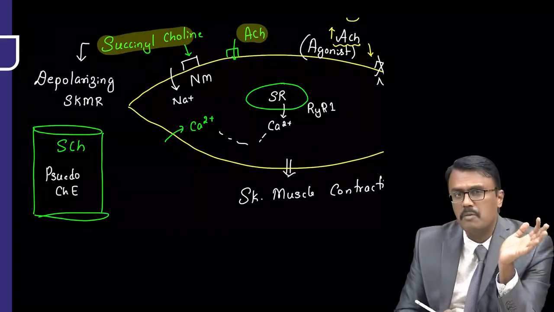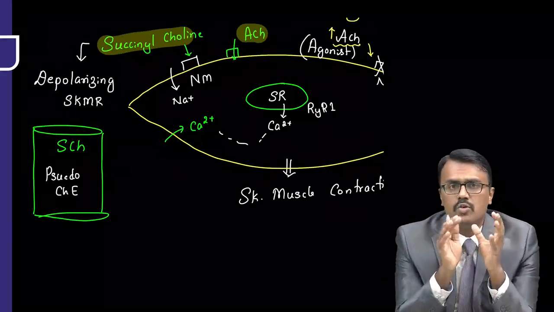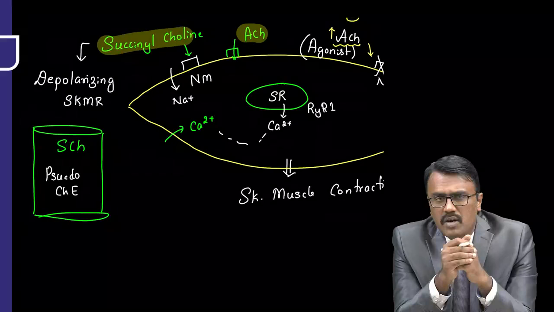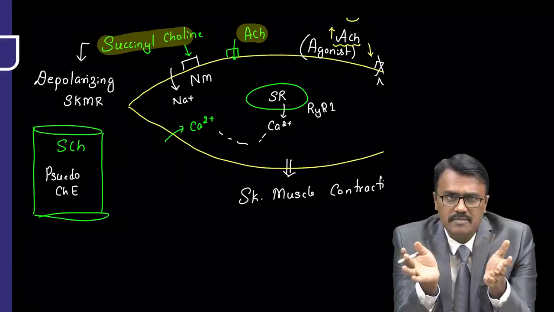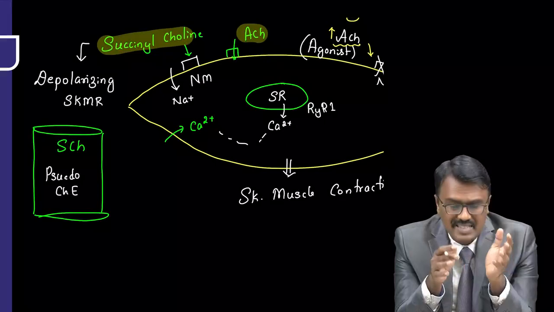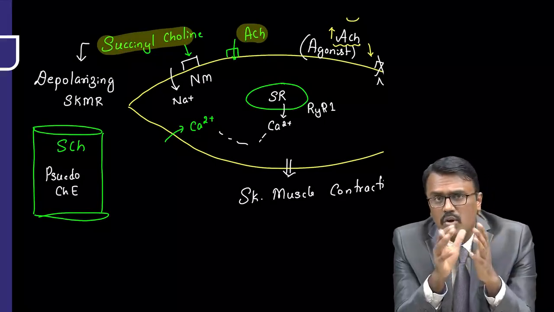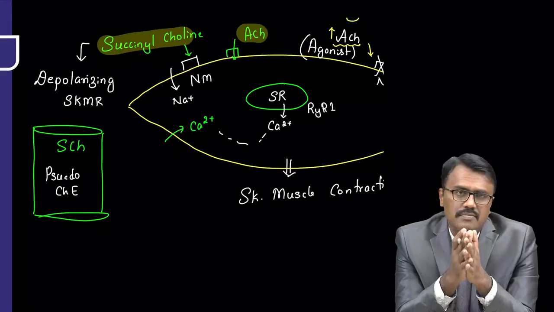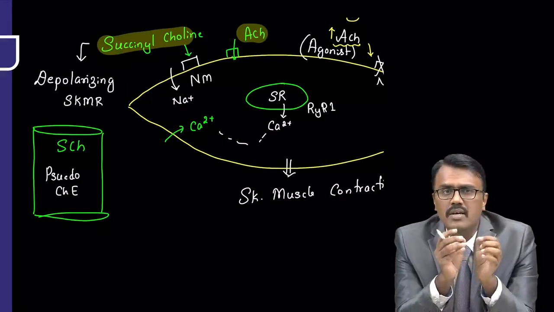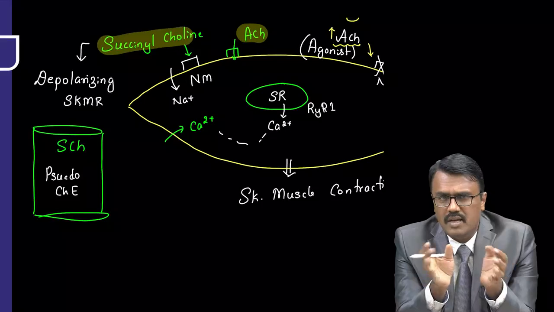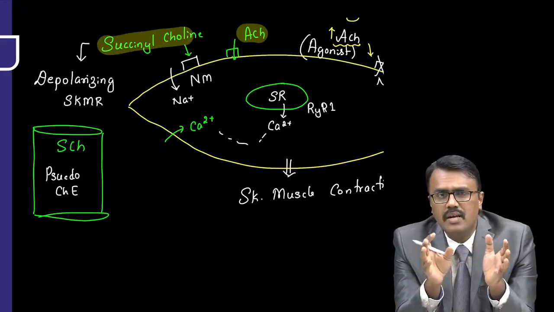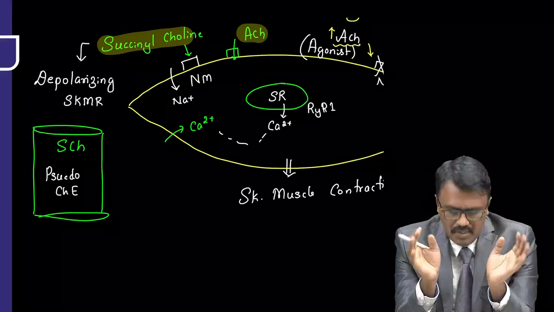Pseudocholinesterase is also called butyrylcholinesterase. So that's the reason succinylcholine is a very, very short acting skeletal muscle relaxant, because it is metabolized by pseudocholinesterase. And in general, any drug metabolized by that is usually shorter acting.